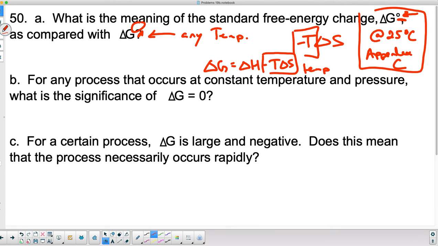For any process that occurs at constant temperature and pressure, what's the significance of delta G at 0? When delta G is at 0, then it's at equilibrium. Our reaction is at equilibrium, and that's what that means.